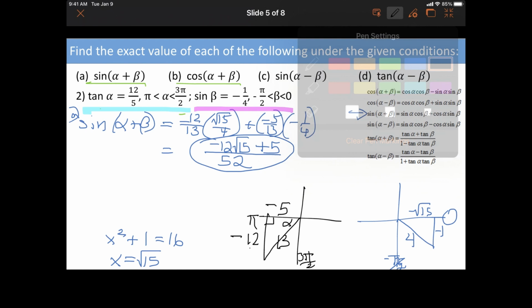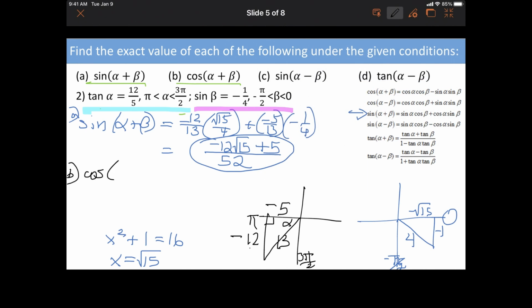And then we're going to do the cosine sum. The cosine sum is going to be the top one. So the cosine of alpha, it's over here, times the cosine of beta, which is root 15 over 4, minus sine of alpha times sine of beta.